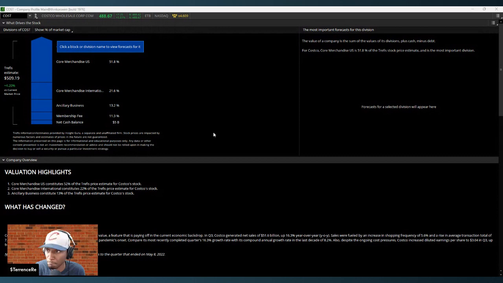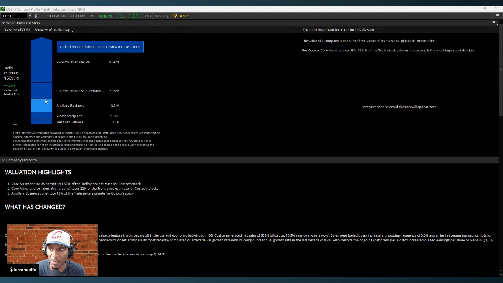It tells you right here core merchandise 51.8%, core merchandise US, core merchandise international, and it says show percentage of market cap. And then they got 5 billion in net cash balance.